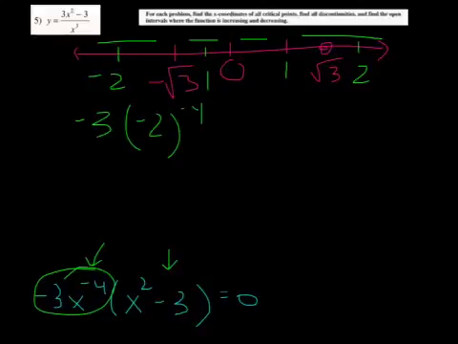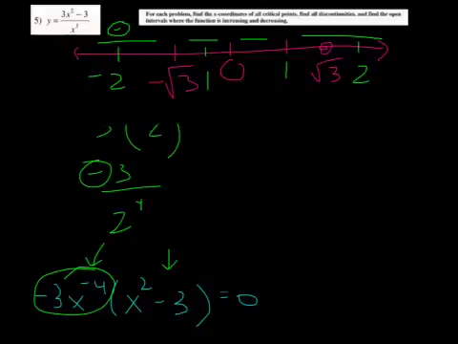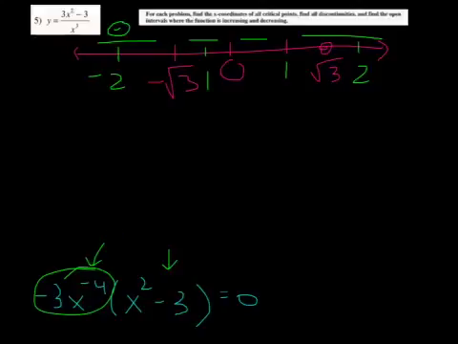So that will change to -3 over 2 to the fourth. So that'll always end up being a negative. So the first one will be a negative. Then for the second one, we plug it in and we get a positive. So negative times a positive equals a negative.